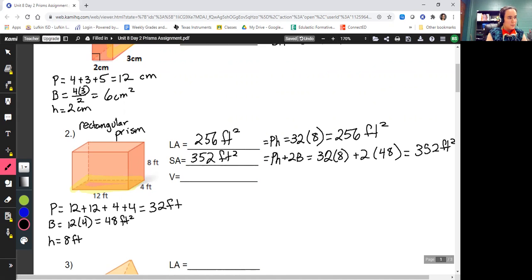And then we need our volume. Our formula for volume is area of the base times height. Our area for our base is 48, and our height is 8. So 48 times 8 is 384 feet cubed.